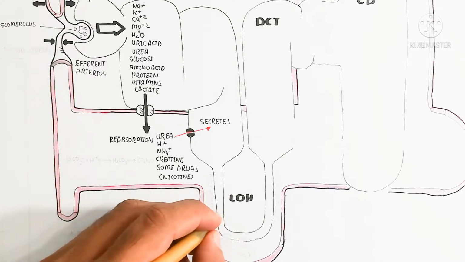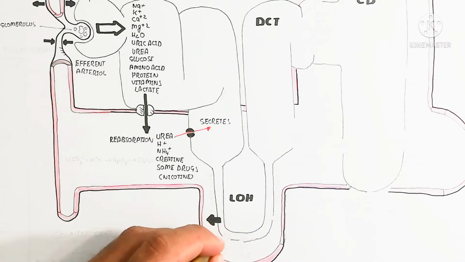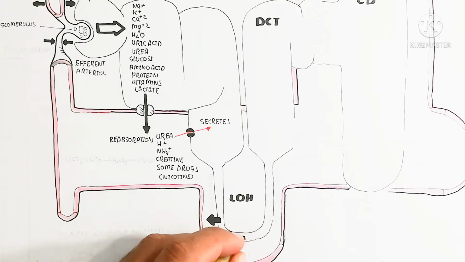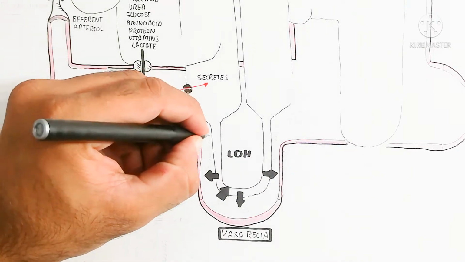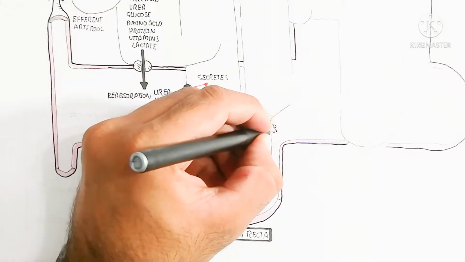In this diagram, to understand the loop of Henle, it reabsorbs water while urea is secreted through the efferent arteriole into the loop of Henle.